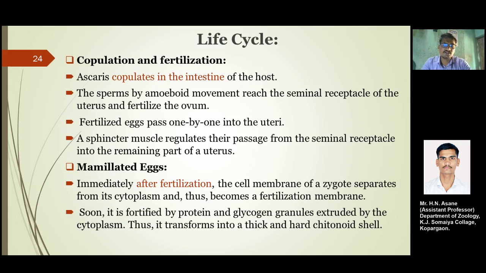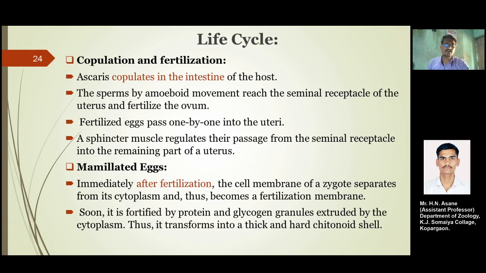The sphincter muscles regulate their passage from the seminal receptacles into the remaining part of the uterus. Okay, so these eggs having the fertilized eggs are known as the mammillated eggs.